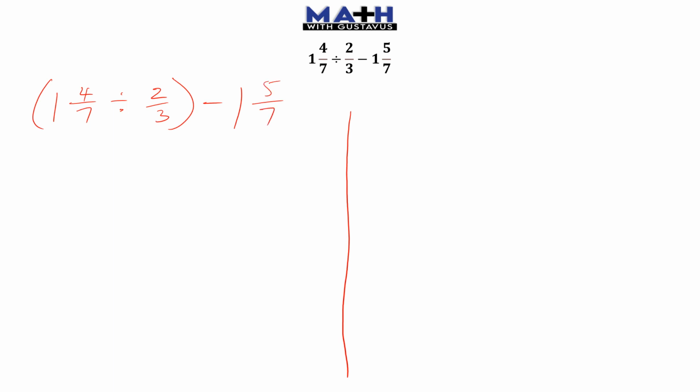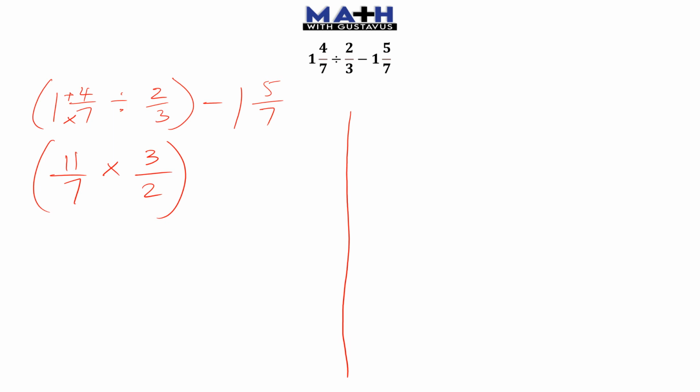What we're going to do now is to convert all the mixed numbers to improper fractions. So let's do that. 7 times 1, which is 7, plus 4, that is 11. So that is 11/7. At this point, we can choose to convert the division to multiplication, then reciprocate the second fraction, right?